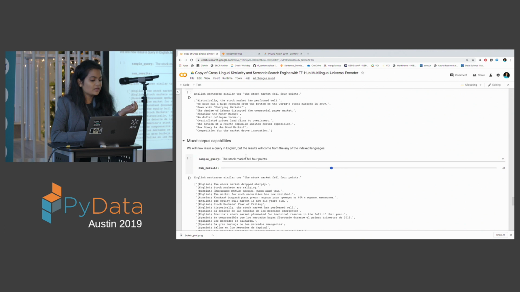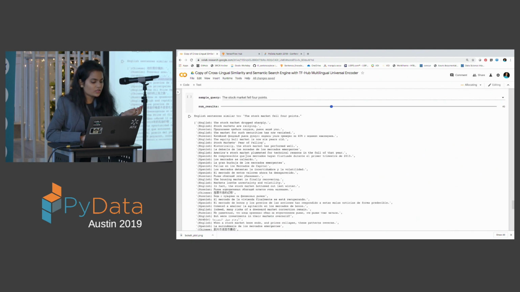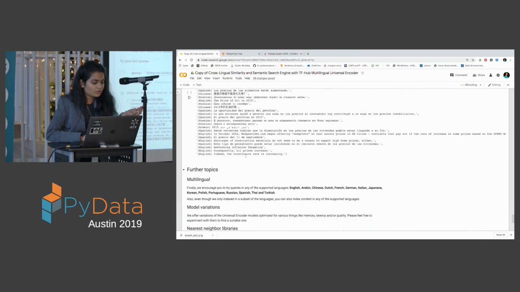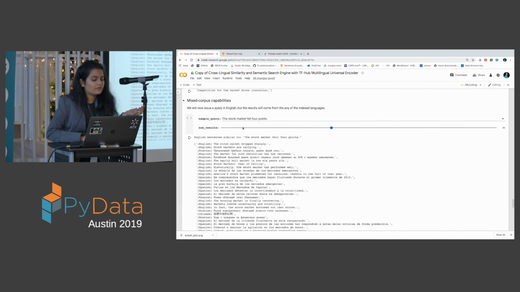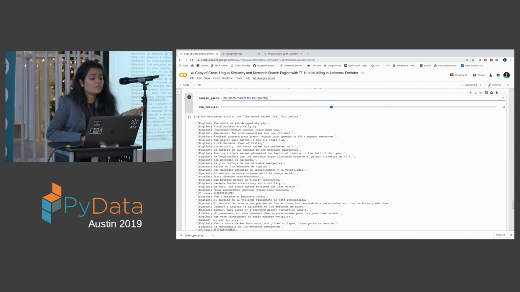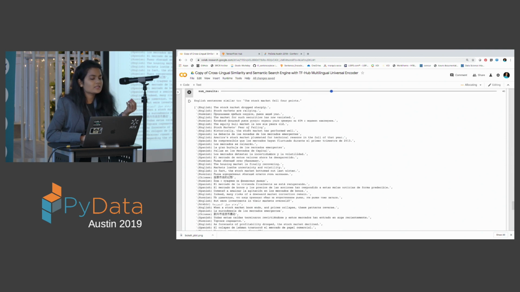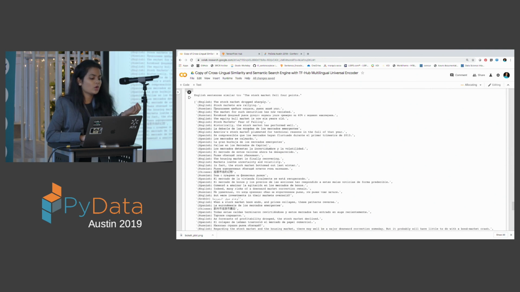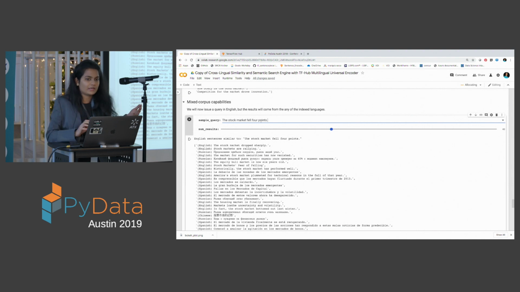But now, because you're using this multilingual model, you're only using one model and you have multiple languages within your data set, and you'll see that it works well even for different languages. So now I'm searching for "stock market fell 4 points," but in my data set I have Chinese, Russian, Spanish, and so on. It returns sentences similar to "the stock market fell 4 points" from multiple languages.